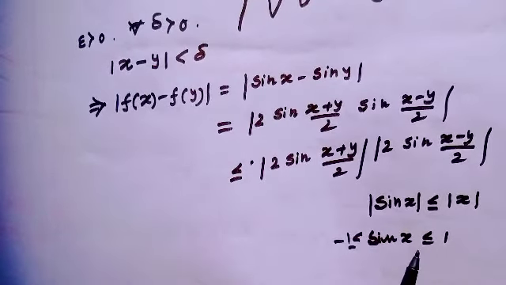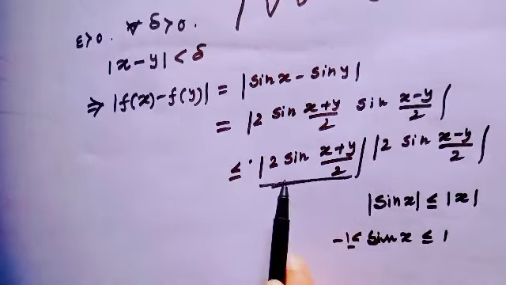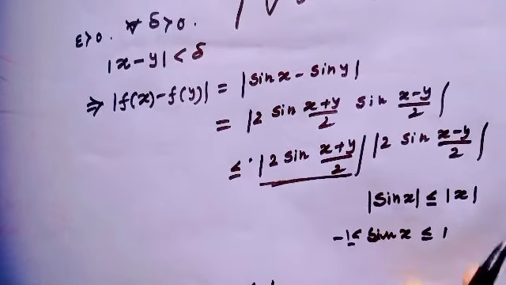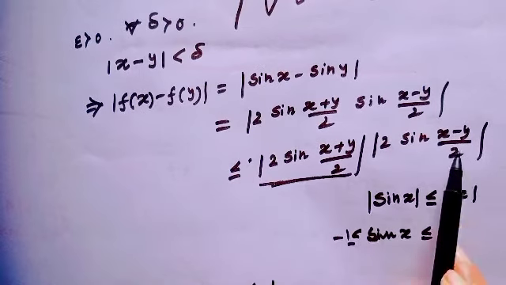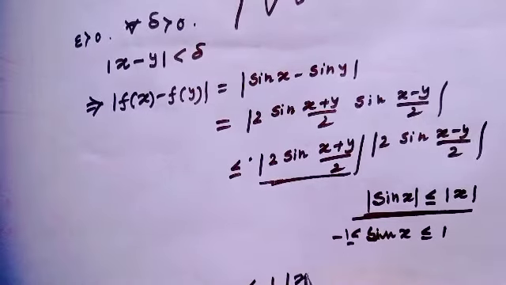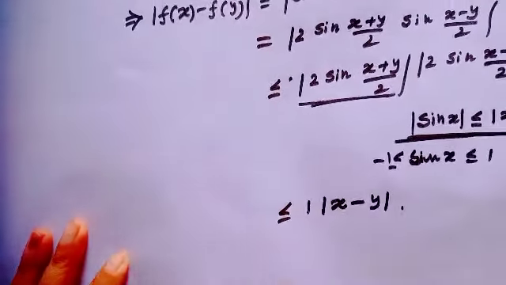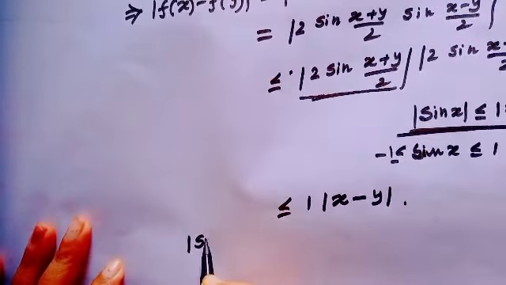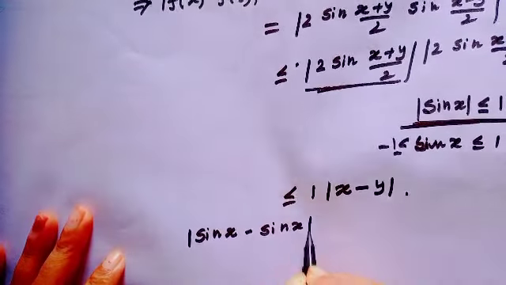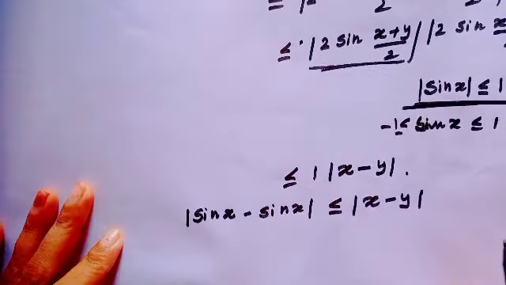So at first use this relation here, so this would be less than or equal to 1, and now apply this relation here, so this would be absolute value of x minus y. So I have got absolute value of sin x minus sin y less than or equal to absolute value of x minus y.